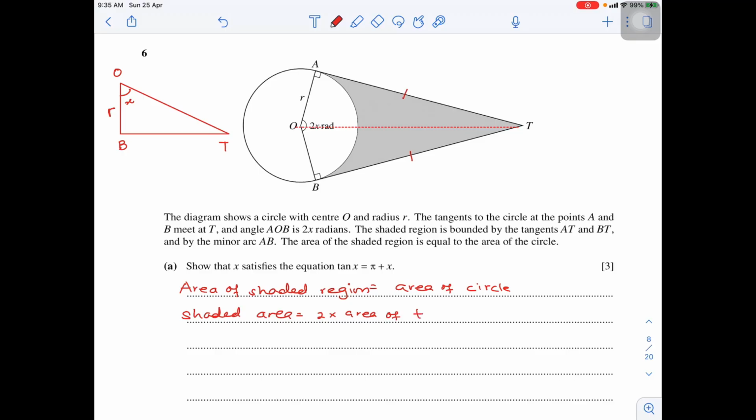Now the shaded area is the area of two triangles. So I will take 2 times the area of a triangle, because both triangles are identical. So I can calculate the area of one triangle, times 2 will give me the area of the quadrilateral that I have here, minus the area of the sector.